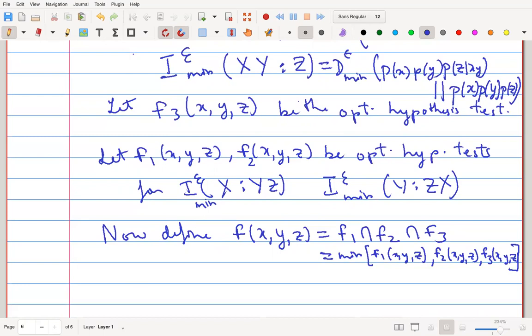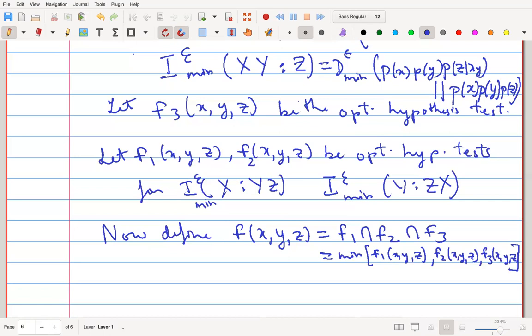If you're looking at this 0-1 hypothesis test, this minimization is just saying to take the intersection of the three sets. The 0-1 hypothesis tests are just subsets of triples. The test prescribes which subset is to be accepted, and you have to reject the complement. Under that viewpoint, the minimization prescription means take the intersection of the three subsets corresponding to the three hypotheses.